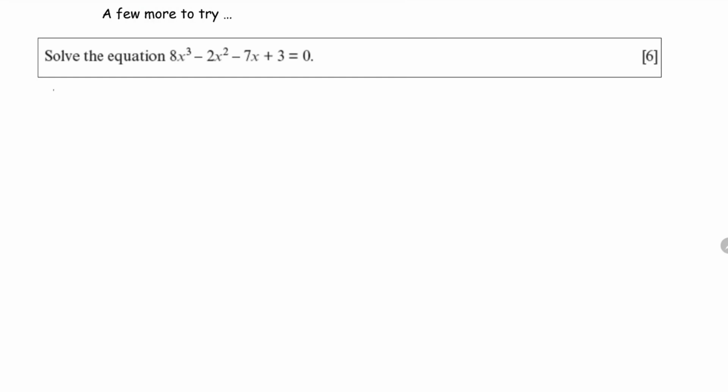So with this first one, if you find f of minus 1, that gives you 8 times minus 1 cubed, which is minus 1, minus 2 times minus 1 squared, which is 1, minus 7 times minus 1, plus 3. That gives you minus 8, minus 2, plus 7, plus 3.